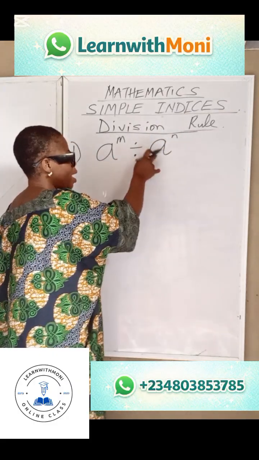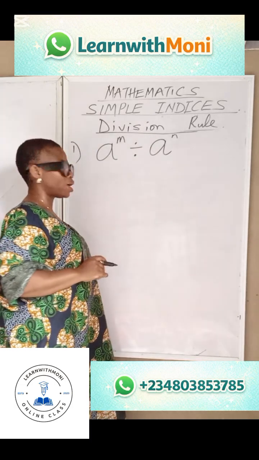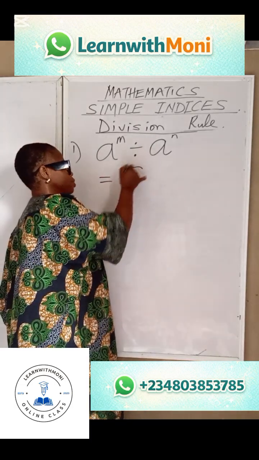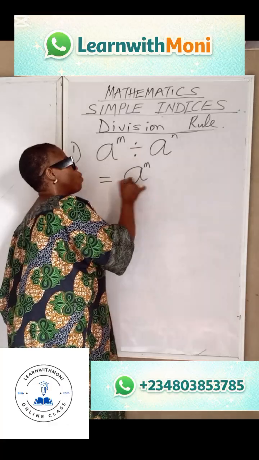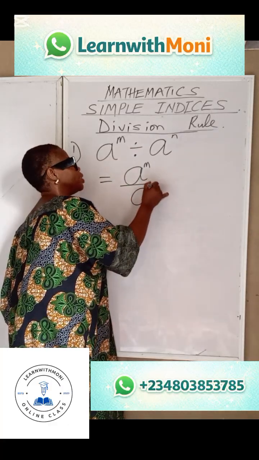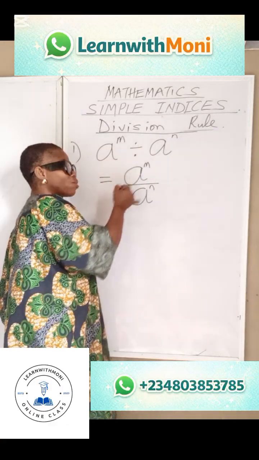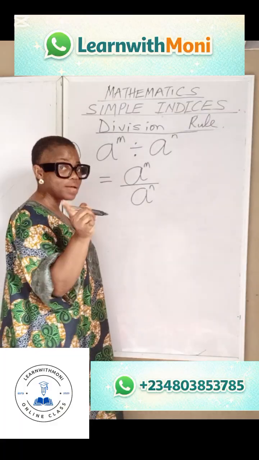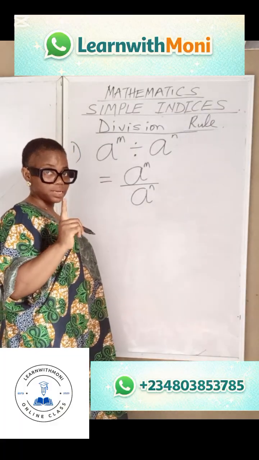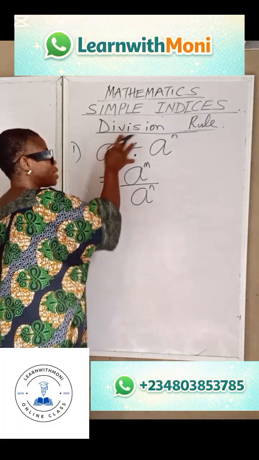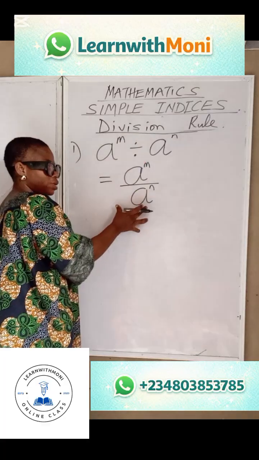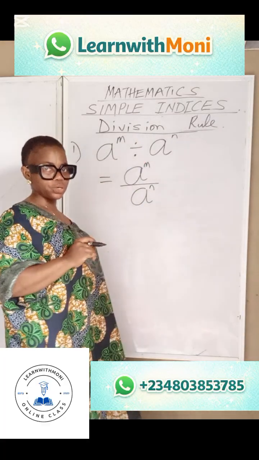A raised to power m divided by a raised to power n can also be written as a raised to power m over a raised to power n. You don't cancel out this way. Oh, never do that. Please, never do that. Whether it is expressed this way or this, both are division.